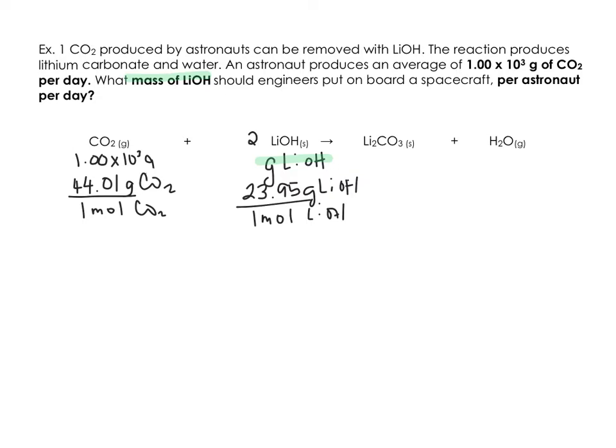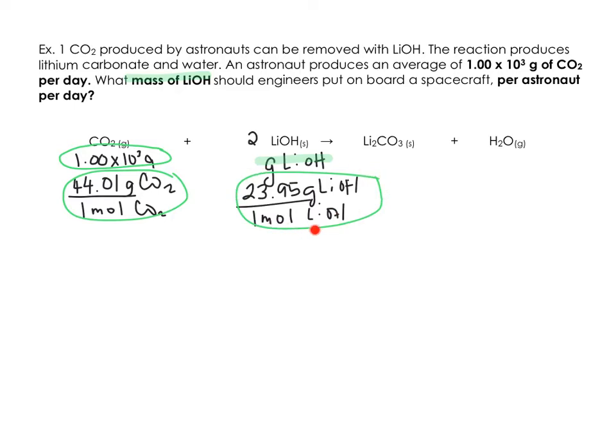So this is where we need to look. We have 3 different sets of values here, and we're going to use them to help us find what we need. So we want grams of LiOH. Is there anything here with grams of LiOH? Yes, there is.